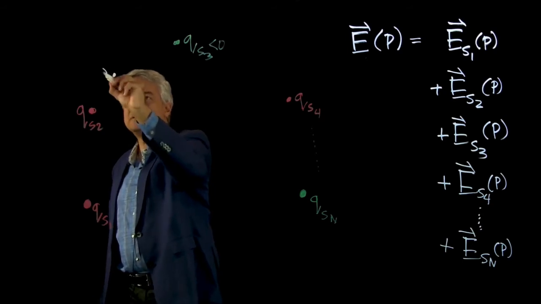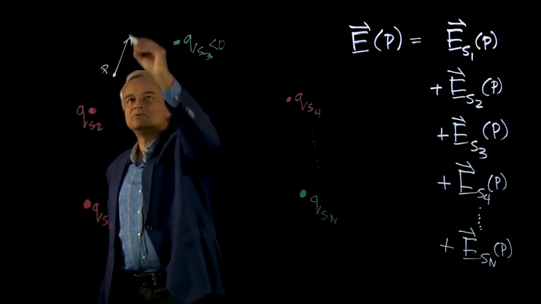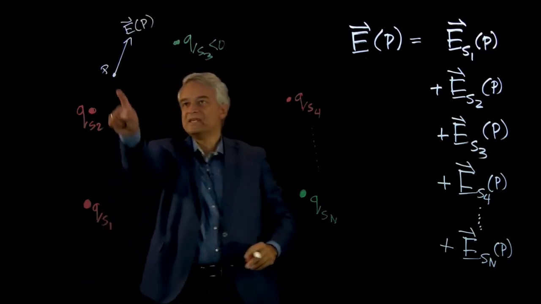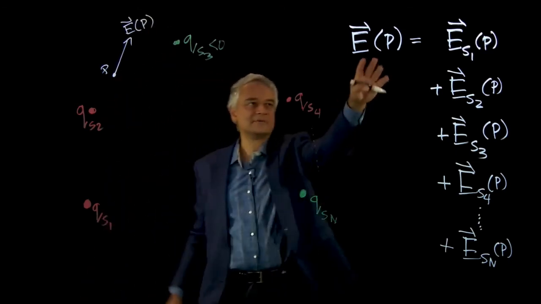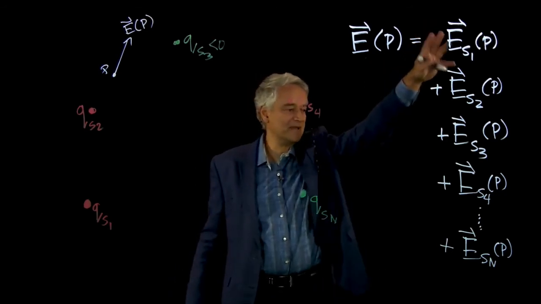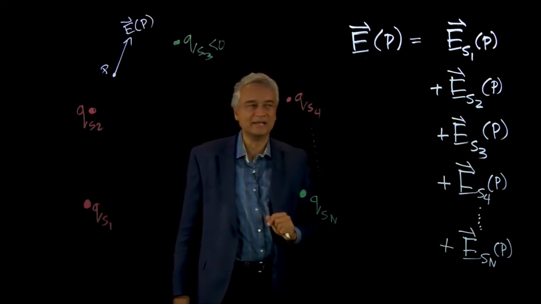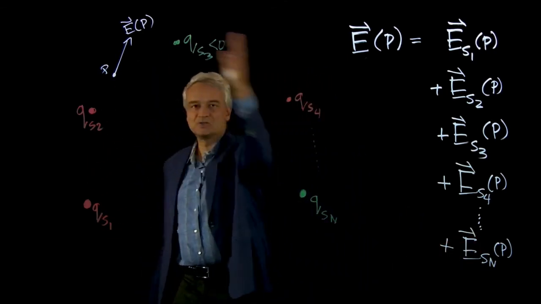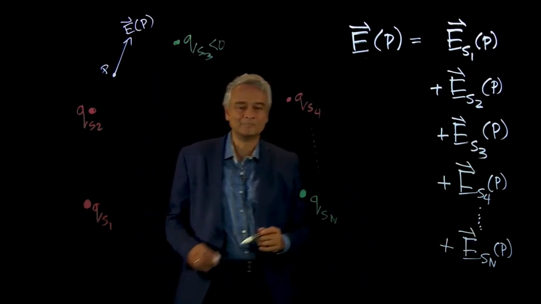Here's my point P again, and the electric field is going to be pointing in approximately that direction. So the electric field at the point P, which is what I was asking for, is given by the vector sum of the individual contributions to the electric field caused by each of the sources of charge individually.